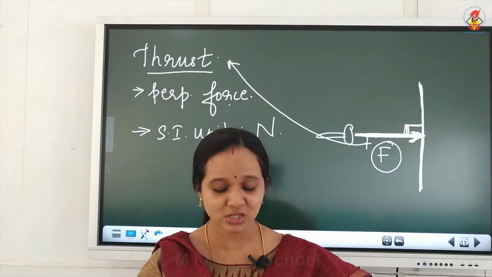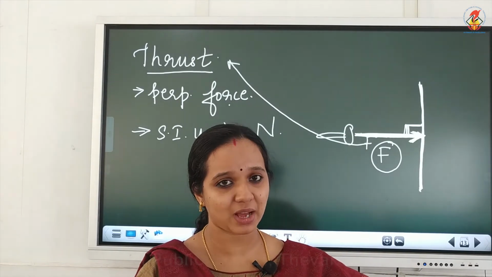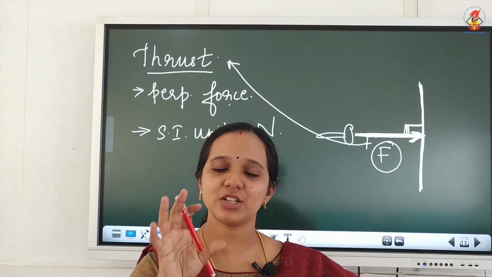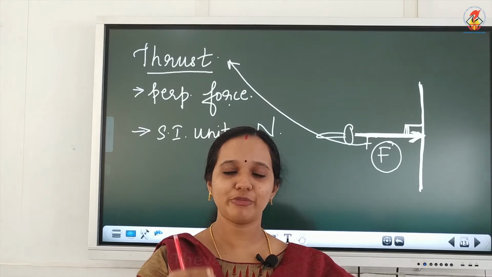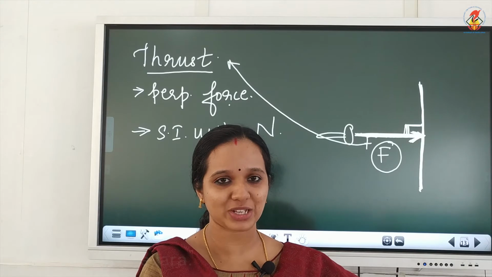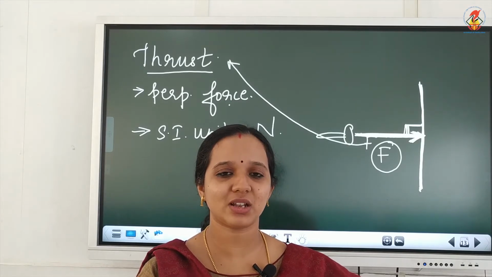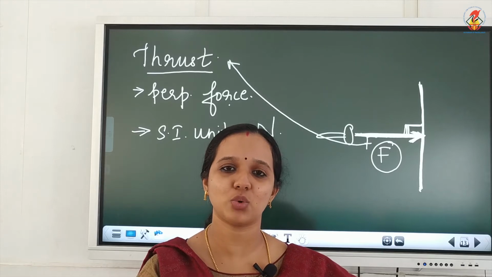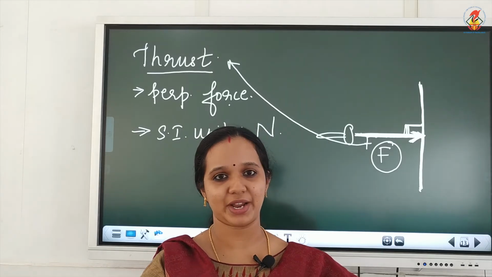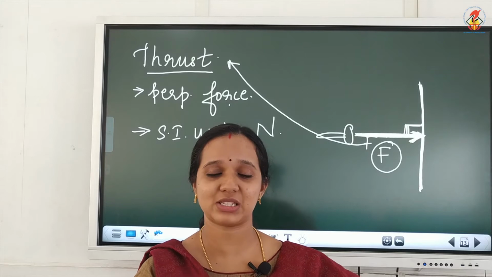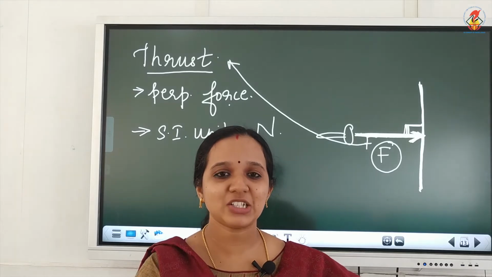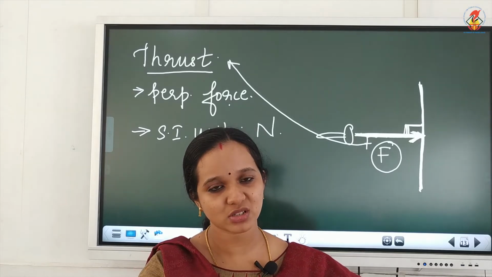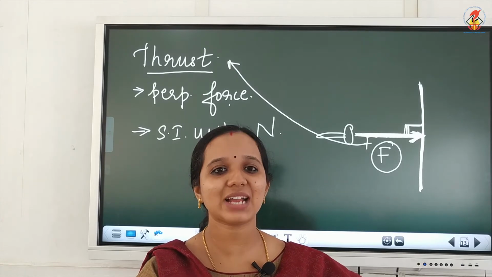It is because the force that we apply to drive the nail into the wall, or to chop the vegetables, will be translated into pressure depending upon the surface area onto which the force is being applied. In other words, we can say that pressure is the force or the thrust acting per unit area.